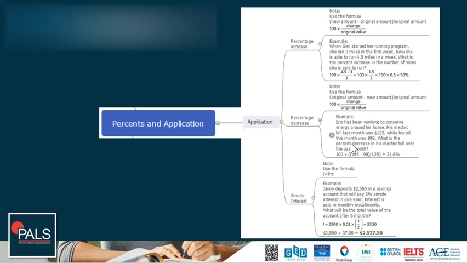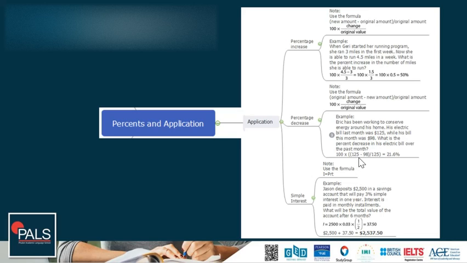For example, Eric has been working to conserve energy in his home. His electric bill last month was $125, while his bill this month was $98. What is the percentage decrease in his electric bill over the past month?